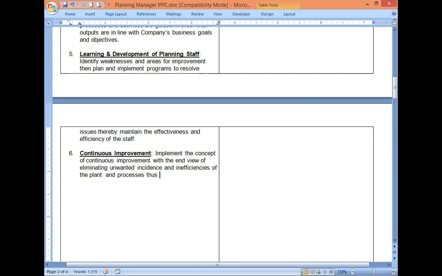Thus, effective application of lean management. See, sometimes they call it lean manufacturing. Okay, but I'd rather use lean management or lean manufacturing.